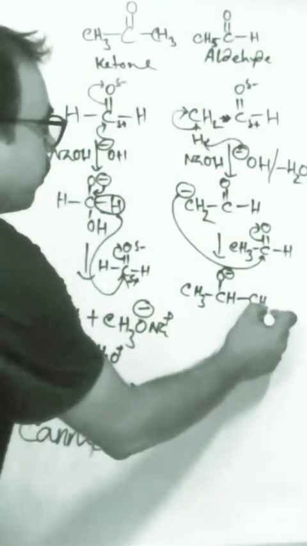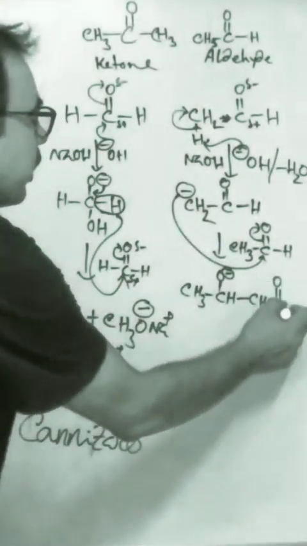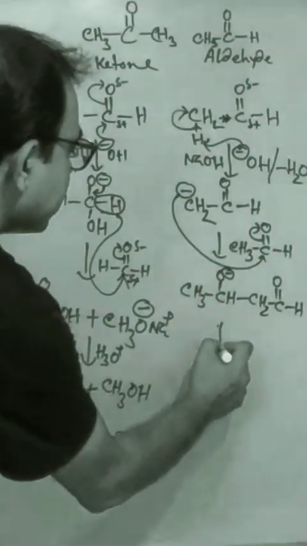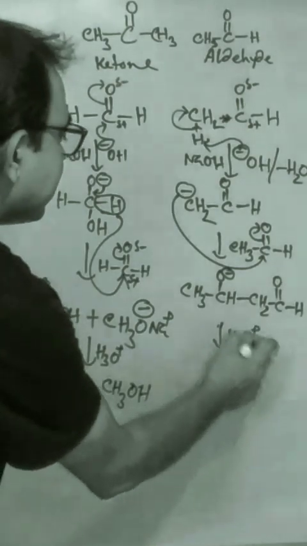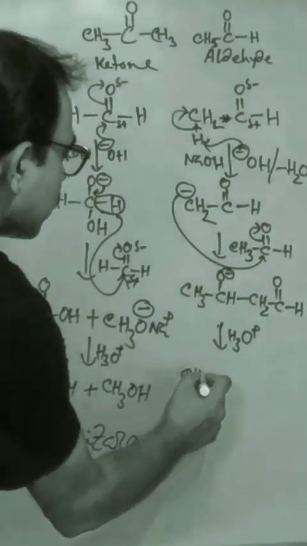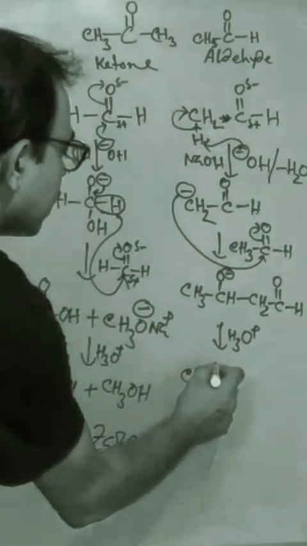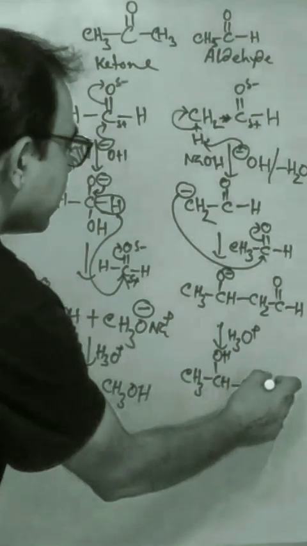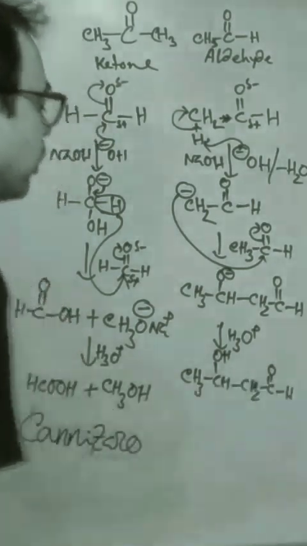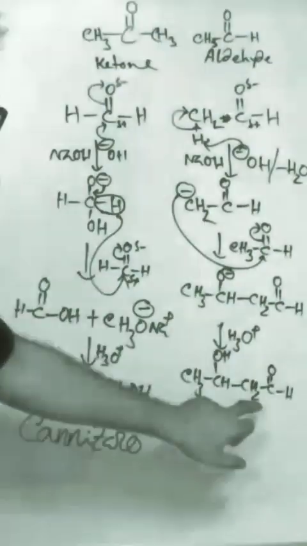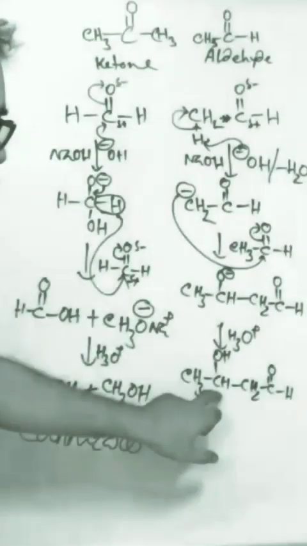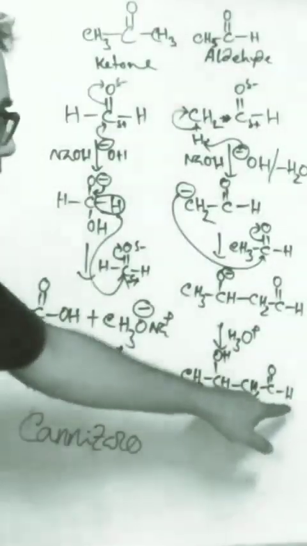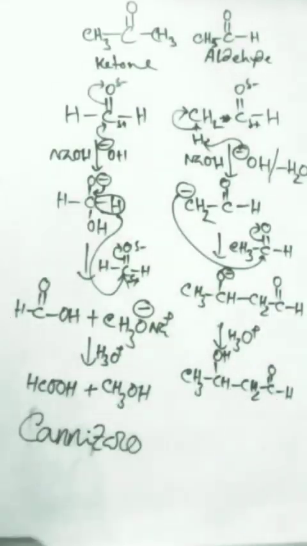So here CH2, then single bond C, double bond O, H. This is the product formed, and if you acidify this with a dilute acid, it will absorb an H plus ion to give the molecule CH3CHOH, then single bond CH2, then single bond C, double bond O, then H. So this is the carbonyl carbon, this carbon is the alpha carbon, and this carbon is the beta carbon. The beta carbon has a hydroxy group, the compound is an aldehyde, and 4 carbon atoms are there, so it is butyraldehyde.